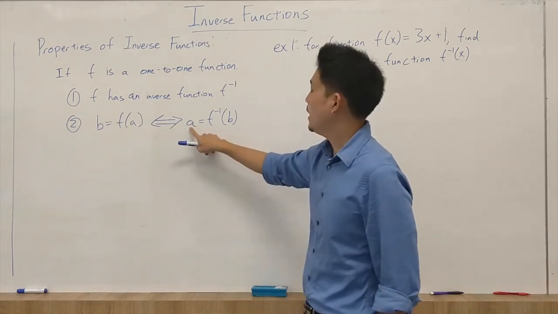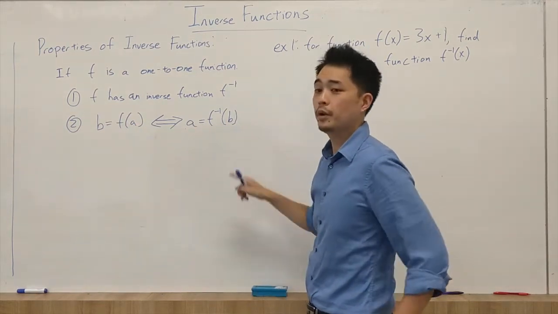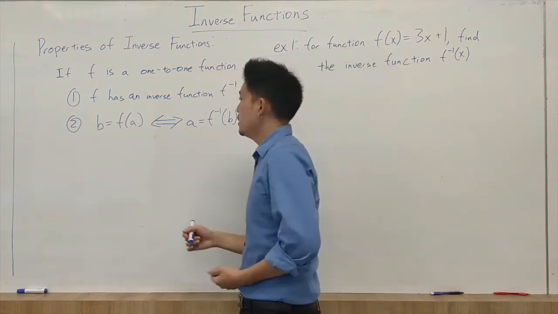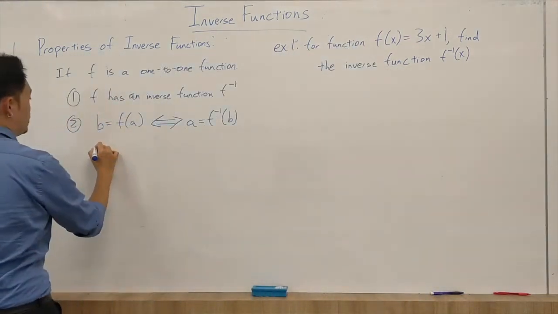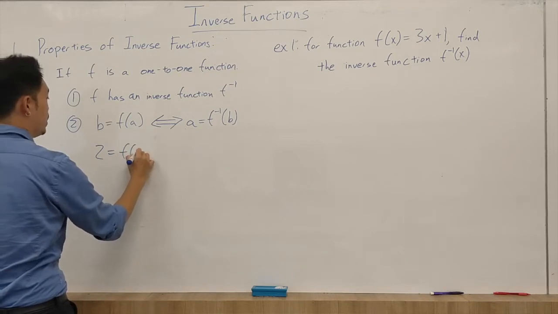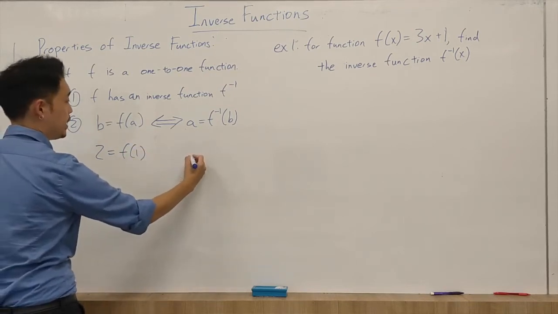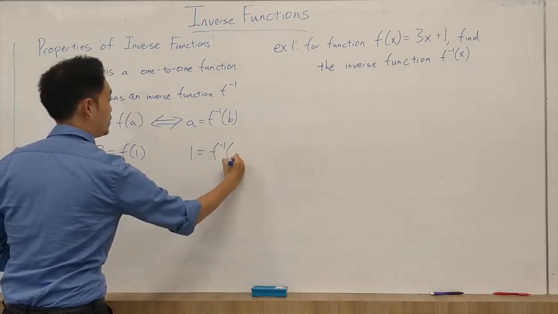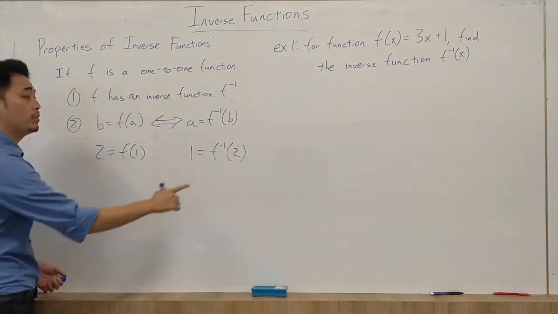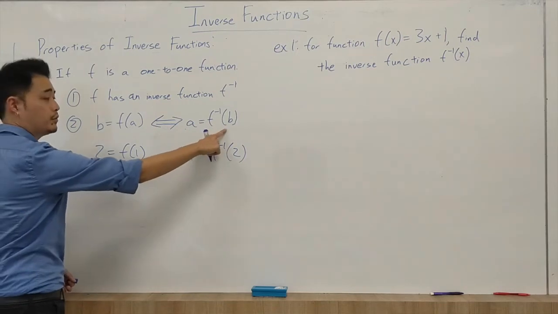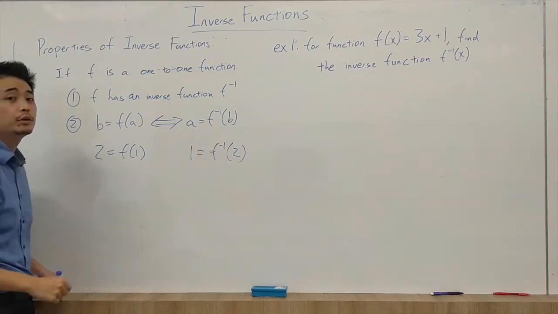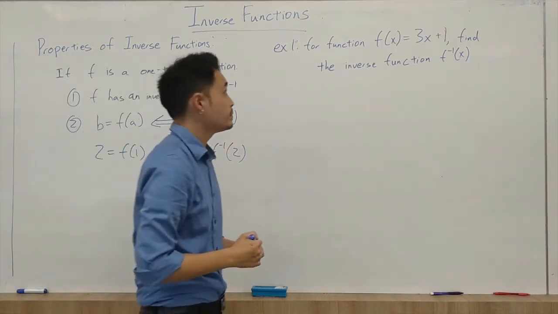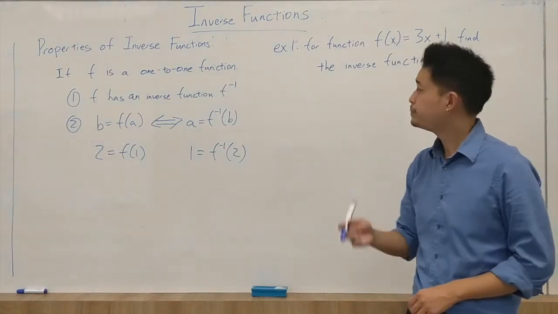So a would equal f of negative 1 of b. So in this case, if I were to say 2 equals f of 1, then on the inverse side, we would say 1 equals f of negative 1 of 2. By plugging the 2 into the inverse function, I would go back to the original input, which is 1.